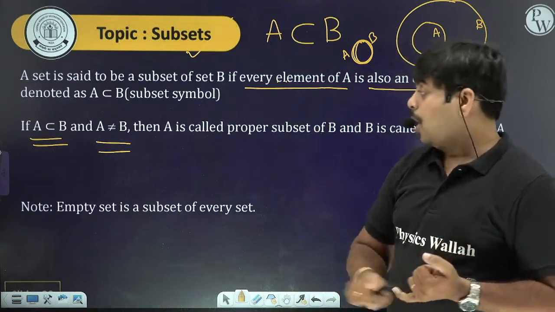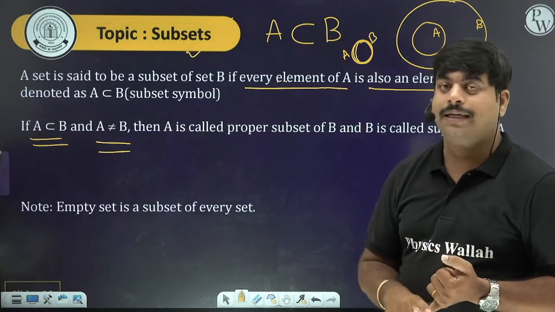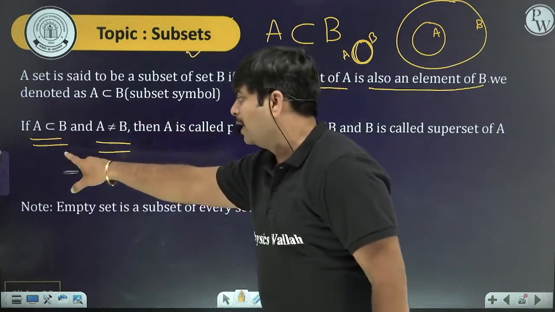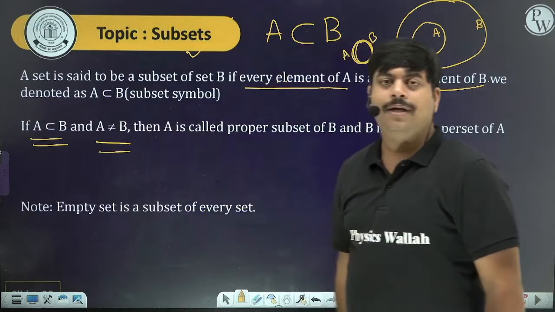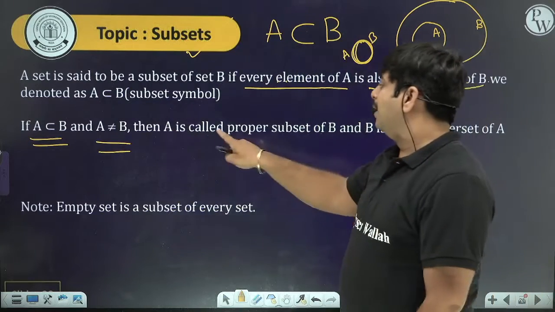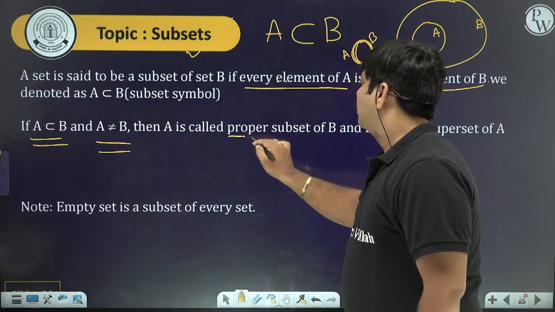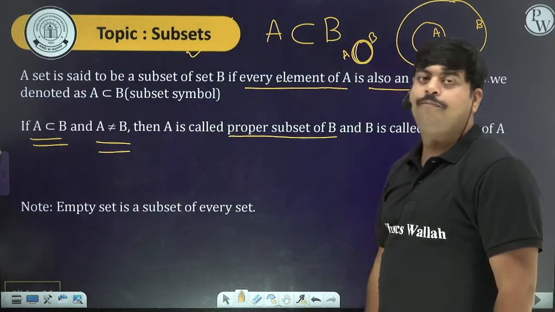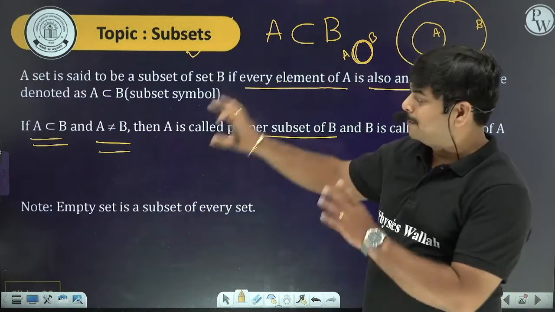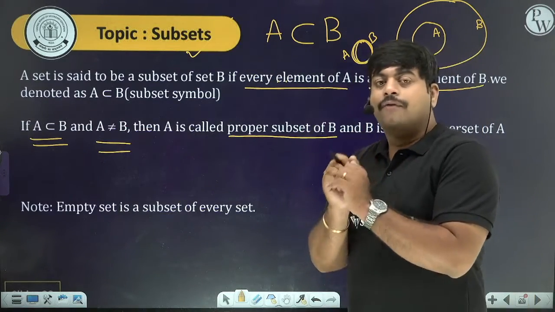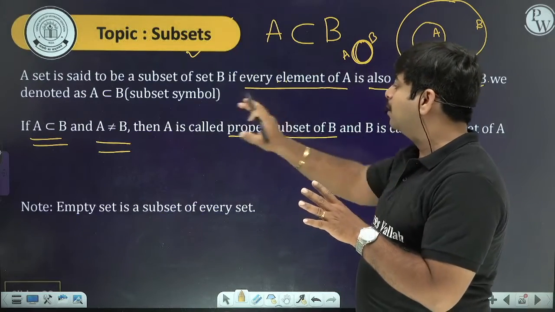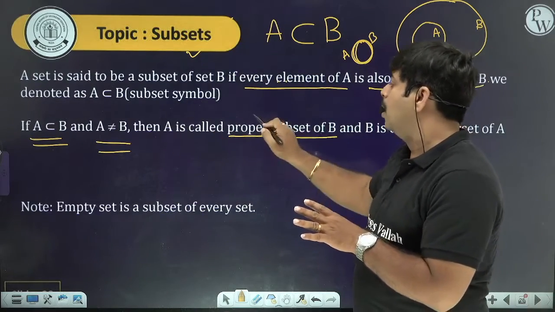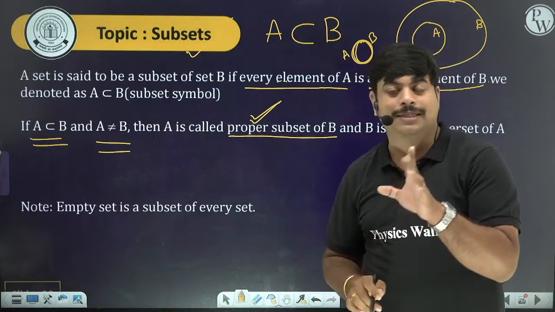Okay. And now there is a special clause here. If A is a subset of B and A is not equal to B, then we say that A is a proper subset of B. It is a subset only, but inside subset again, we are mentioning whether it is equal or not. So when it is not equal, we say it is a proper subset.